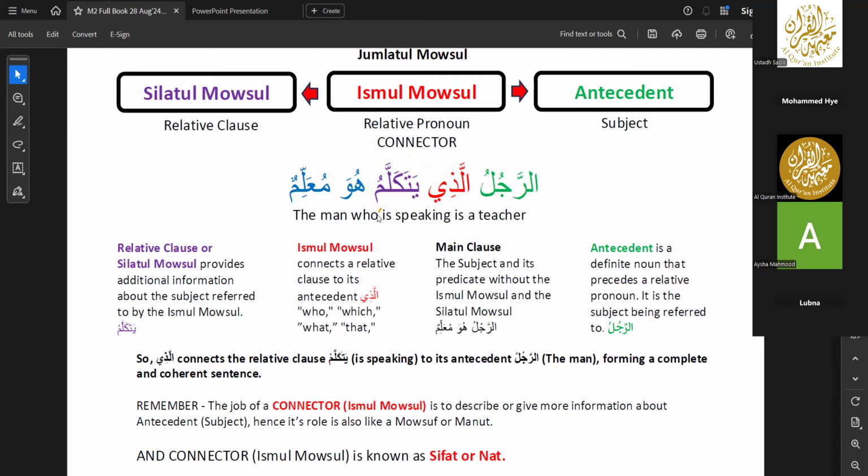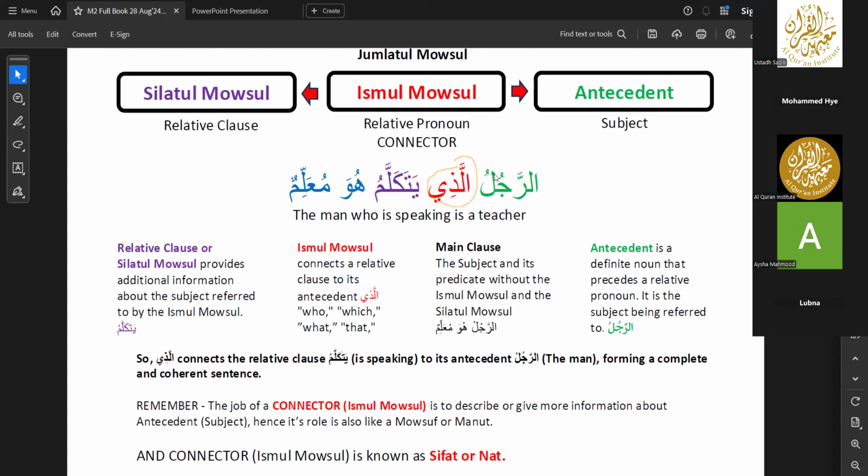And as Dr. Mahmoud said, the key word we have in English is here. The additional information is speaking. And who's speaking? A teacher. Rajulu, which is being connected by the silatul mawsul.